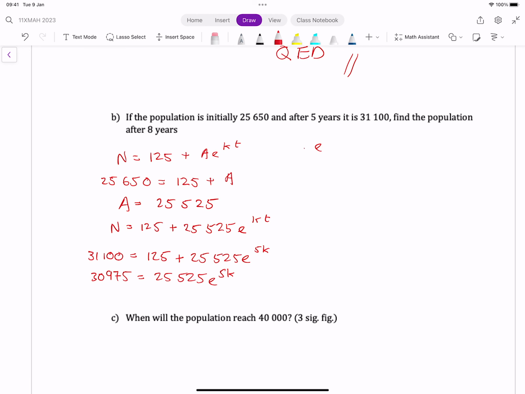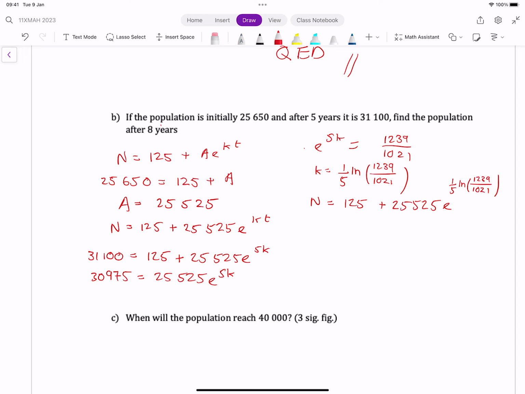Divide by that, we get e^(5k) is equal to 30,975 on 25,525, and we get 1239 over 1021. So that means k is equal to 1/5 ln(1239/1021). Putting that into my original equation, I get N is equal to 125 + 25,525e to the power of (1/5)ln(1239/1021)t.